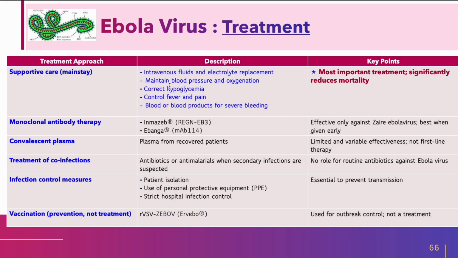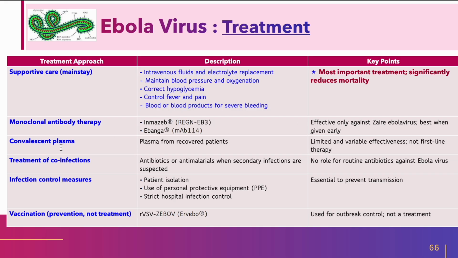And also we can use monoclonal antibody therapy like Inmazeb and Ebanga. These two are monoclonal antibodies that are quite effective against Ebola virus, and you have to give them in early detection of infection.